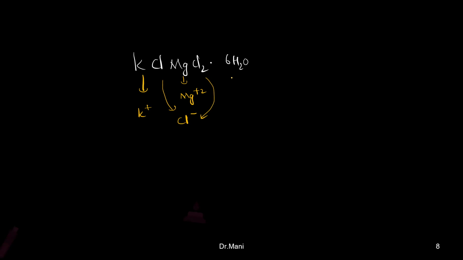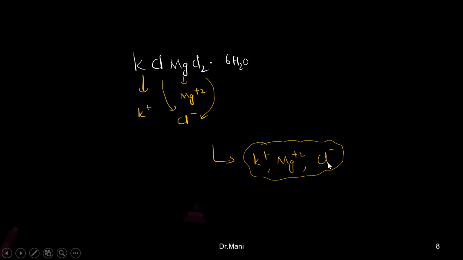In the solution you will see K plus, Mg plus 2 and Cl minus ions. They were dissociated into very simple ions. That's a characteristic property of the double salt. So that's about the simple salt and double salt.